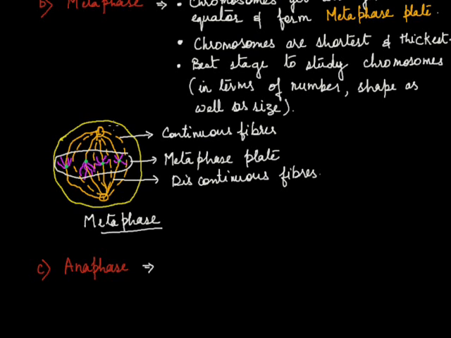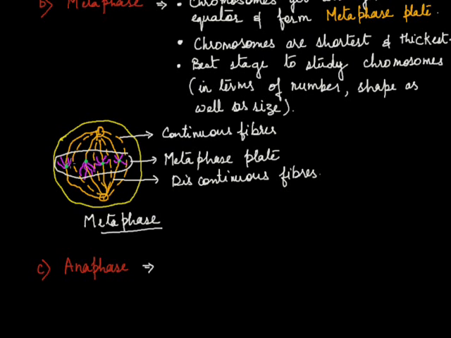So the two sister chromatids, which were joined at the centromere, are now separated from each other, and now they behave as individual chromosomes. But the respective centromeres of the separated chromosomes remain attached to the spindle fibers, and now these spindle fibers start contracting, so these newly formed chromosomes start moving to their respective poles and they become shortened.